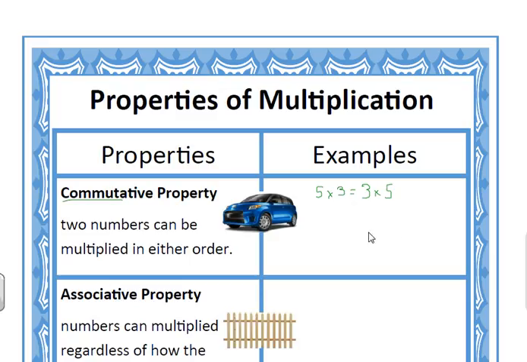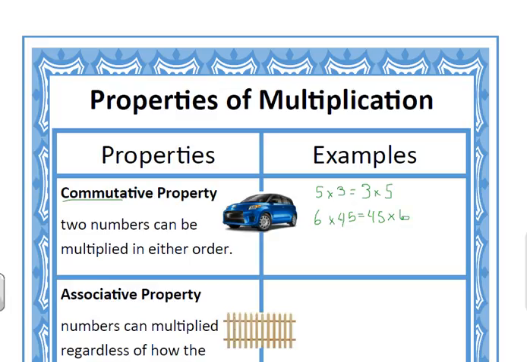So let's do another one. If we had 6 times 45. All right, 6 times 45. Okay, so what would be the commutative property of this? What would be the opposite? Like our fact family, that'd be the same as 45 times 6.